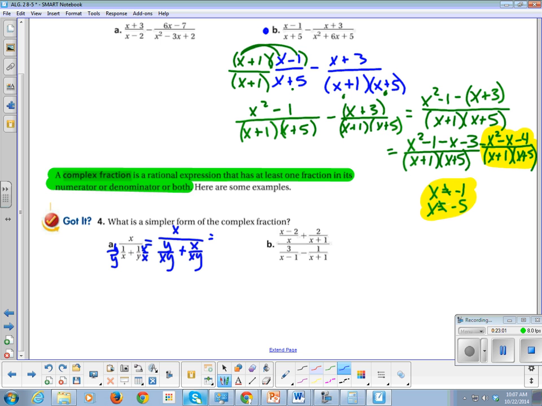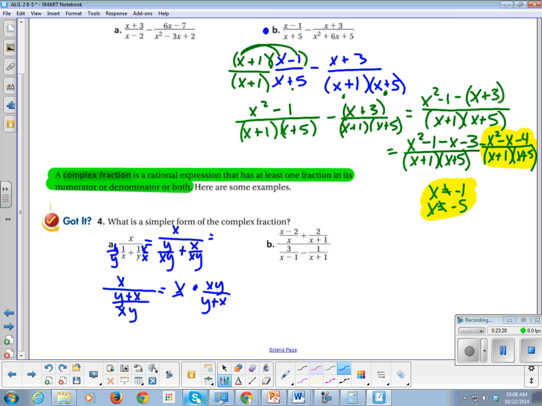Then this becomes x over, I'm going to combine this on my common denominator, x plus y over xy. And then remember, when we divide by a fraction, that's the same as multiplying by a reciprocal. So that's x times the reciprocal of this guy. So that's xy over y plus x.